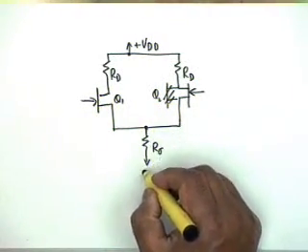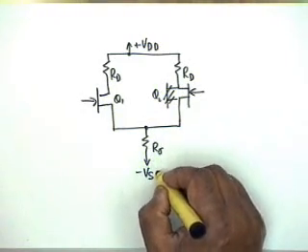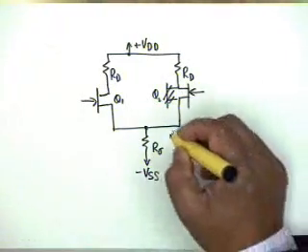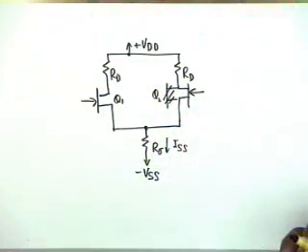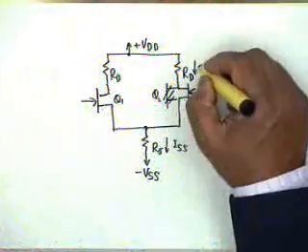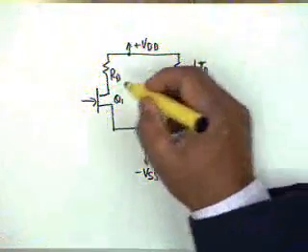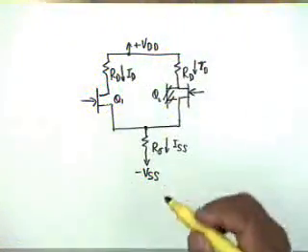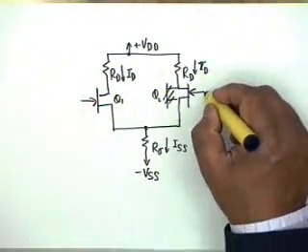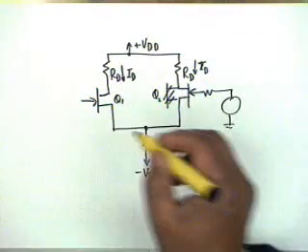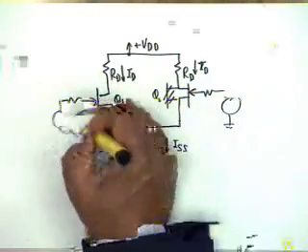This goes to minus VSS, and this current is ISS. ISS naturally is twice ID, because of complete symmetry, and then of course you have the signal source here and a signal source here. This is the circuit.